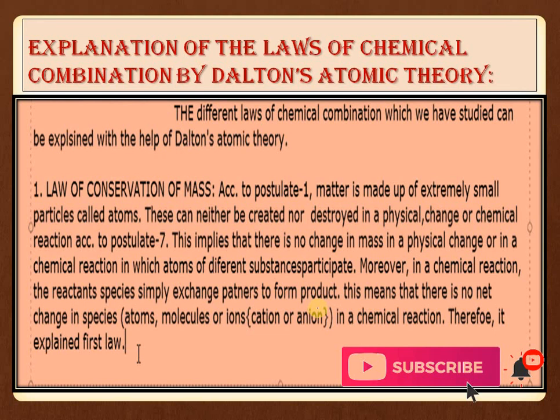So according to postulates 1 and 7, he verified that there is no change in mass in a physical change or in a chemical reaction in which atoms of different substances participate. Moreover, in a chemical reaction, the reacting species simply exchange partners to form products. This we have studied in the law of conservation of mass also. So this means that there is no net change in the species, atoms, molecules or ions in any chemical reaction. Therefore, the first law of conservation of mass is explained by Dalton.